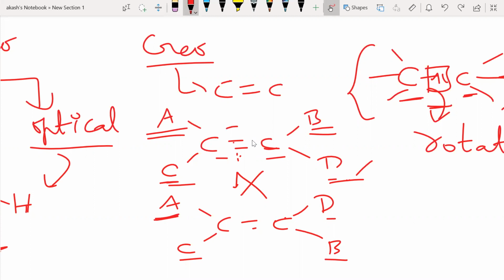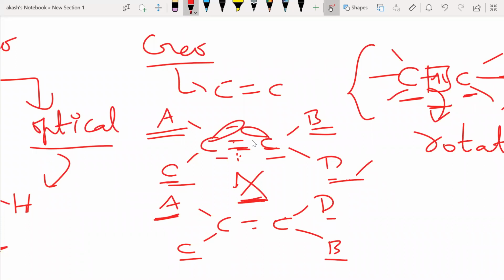I would have had a lateral overlap of p orbitals like this. So when you have a double bond, this single bond rotation is not possible, because whatever kind of rotation I'm talking about, you will eventually break the pi bond.